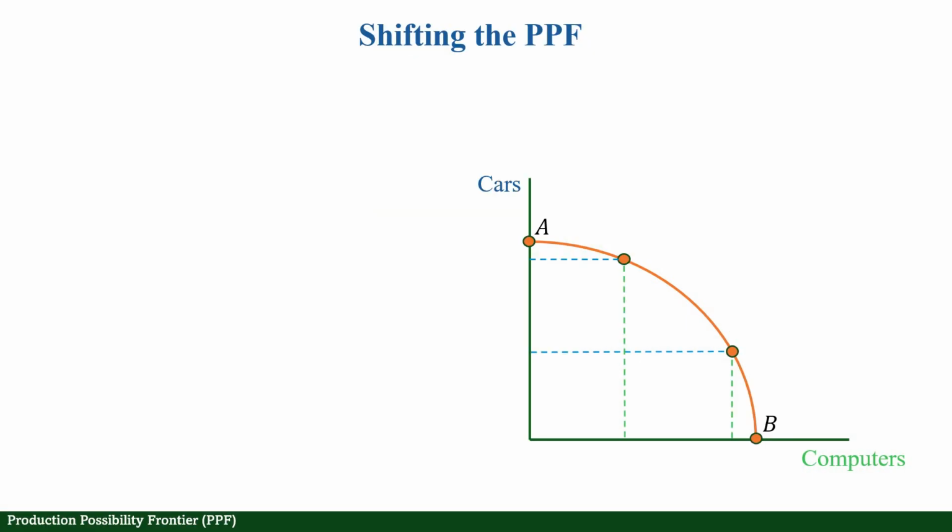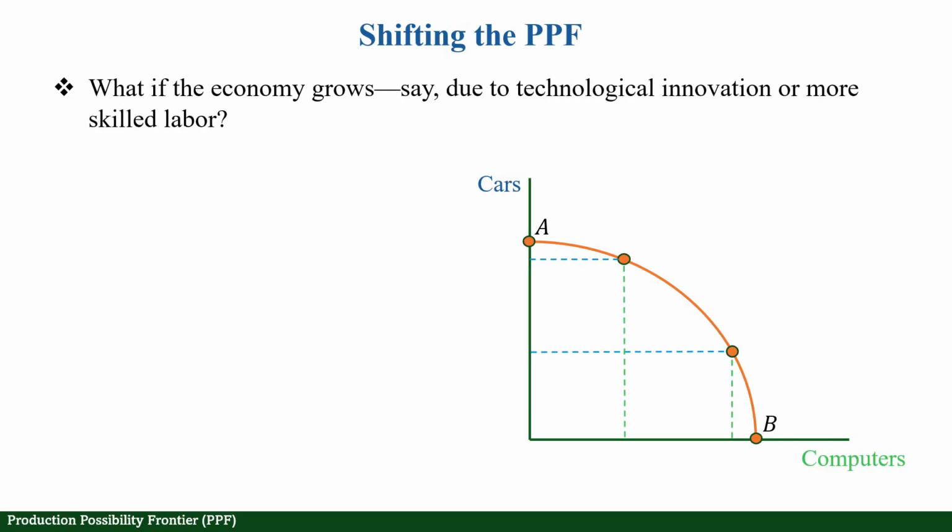Now we would like to see the shifting of the PPF. What if the economy grows? What will happen? Due to technological innovation or more skilled labor, the entire PPF curve shifts outward. We can see from the graph that the entire PPF shifts outward to the right side, meaning we can now produce more of both goods.